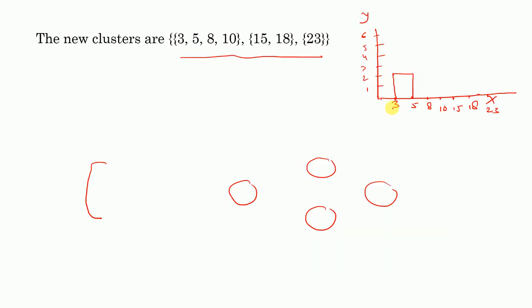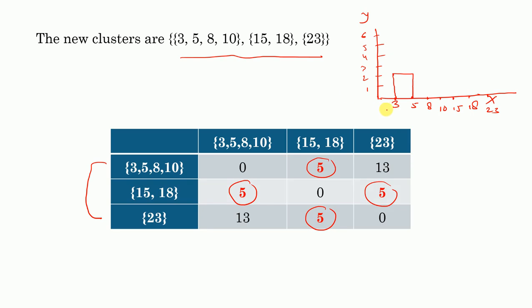So you can merge these two, 3, 5 and 8, 10. Here in the y-axis this shows the distance. This length shows the distance of these two clusters which are merged together. So these were the clusters after the first step.